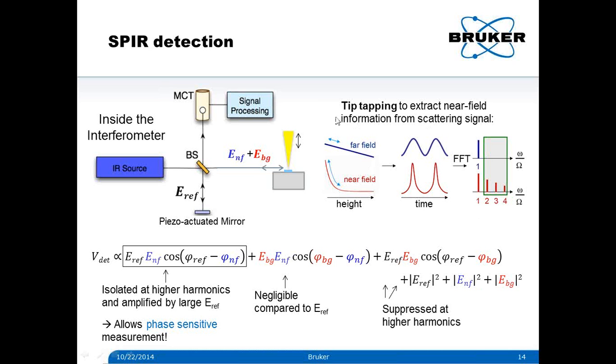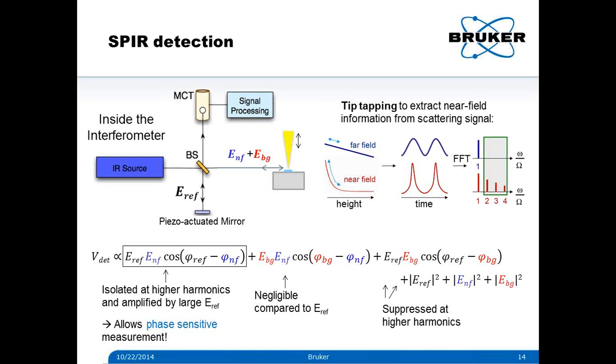We use the fact that if we modulate the tip, so if we oscillate the tip up and down, then the far field contribution will more or less be linear. And in time, you would see a sinusoidal oscillation at the same frequency that you drive your tip up and down. And if you do an FFT Fourier transform, you see only the spike at the first harmonic, which is the tip oscillation frequency.